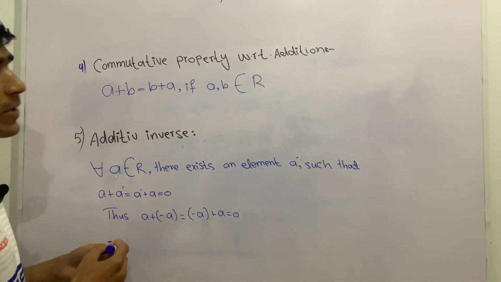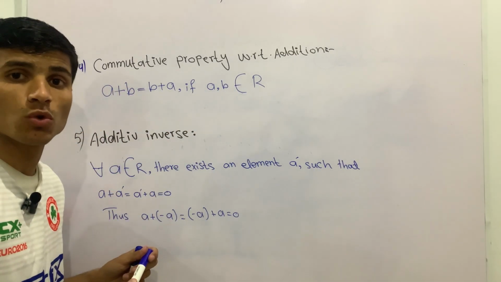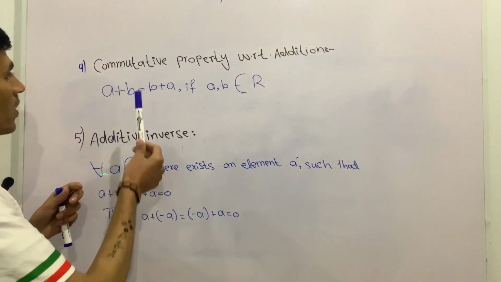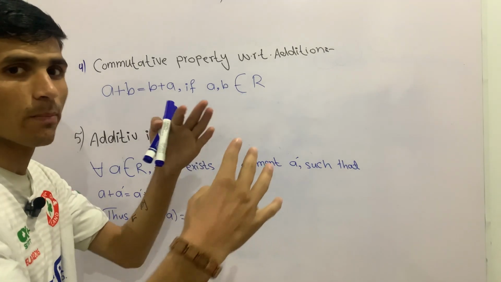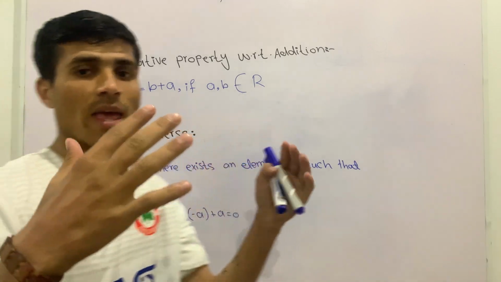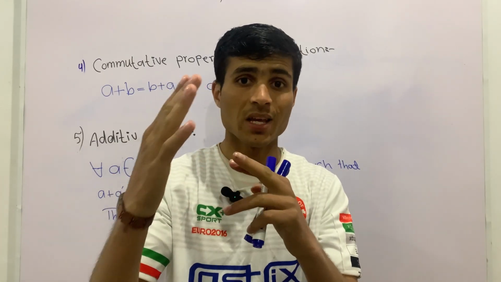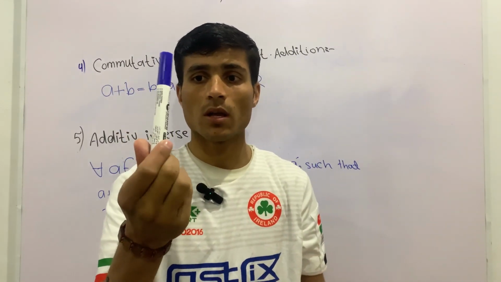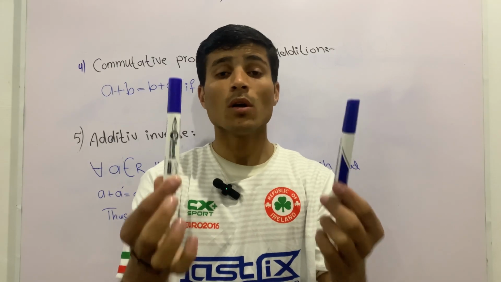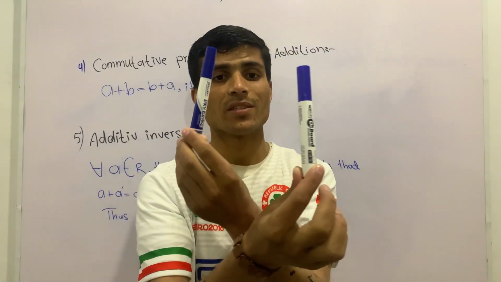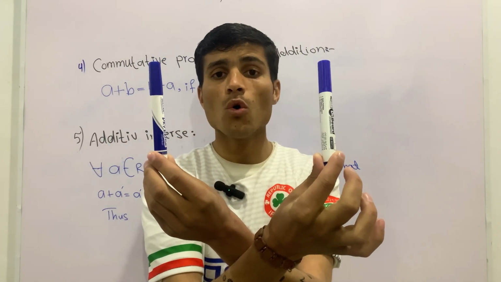Commutative. This property says that a plus b equals b plus a if a and b belong to R. If you add two numbers together and change their places, pretend this is a number and this is another number, and both of them are real numbers, if I change their places, no change will occur.